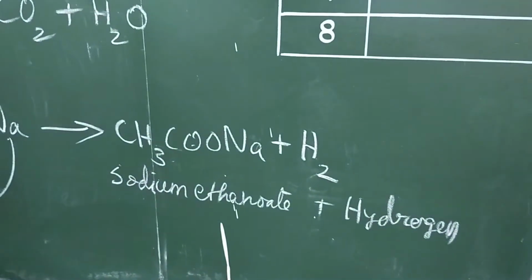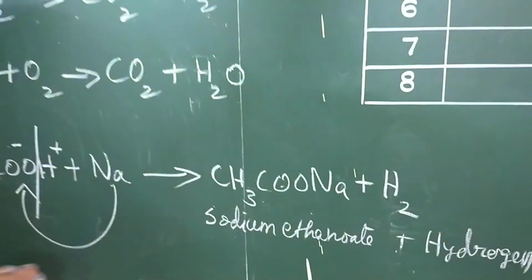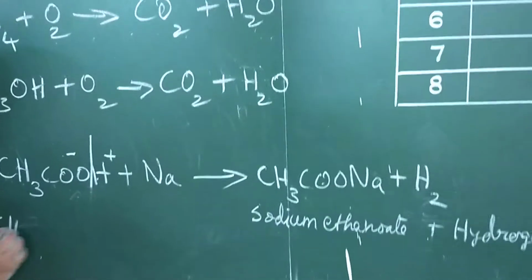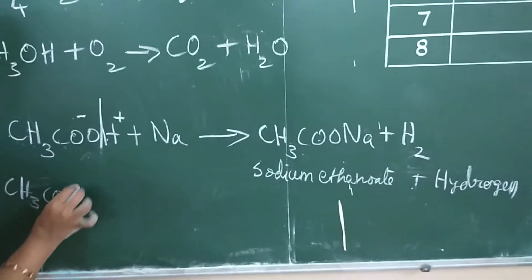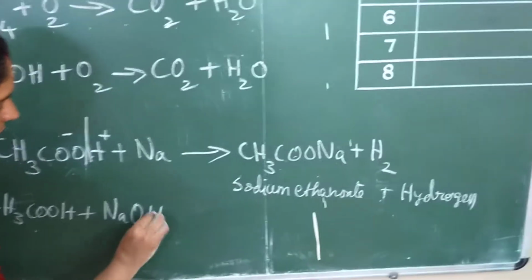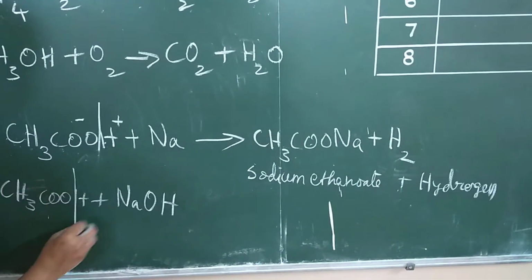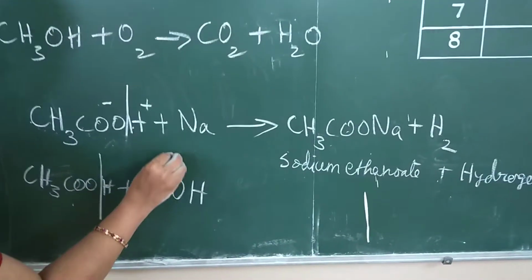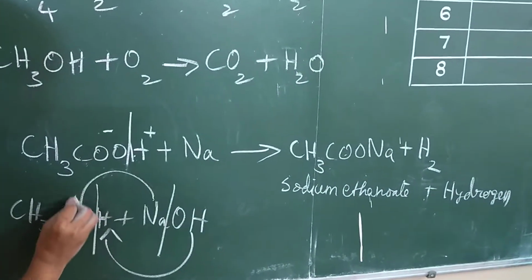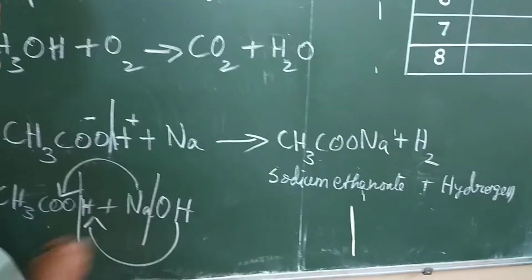What happened? Acid reacts with base. Same acid is there. Base, we know, dissociates into Na plus and OH minus. This OH will combine here, and this Na will combine here. What is the product now?